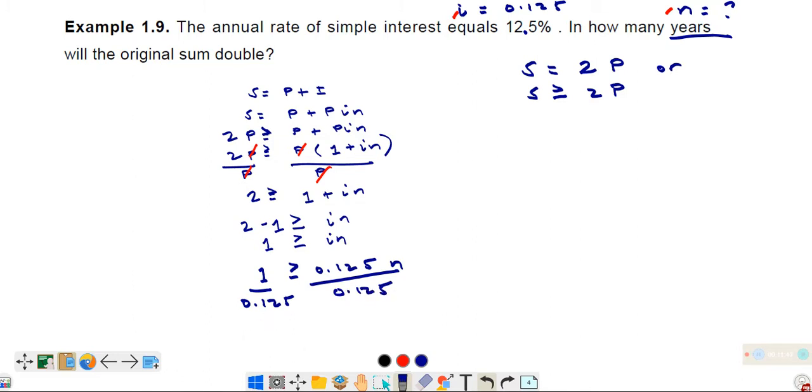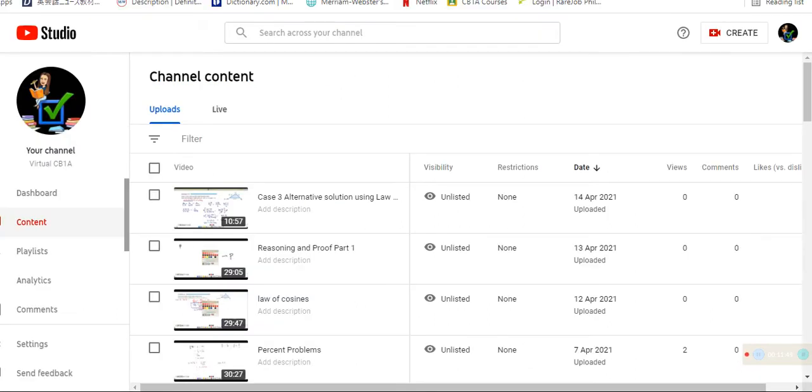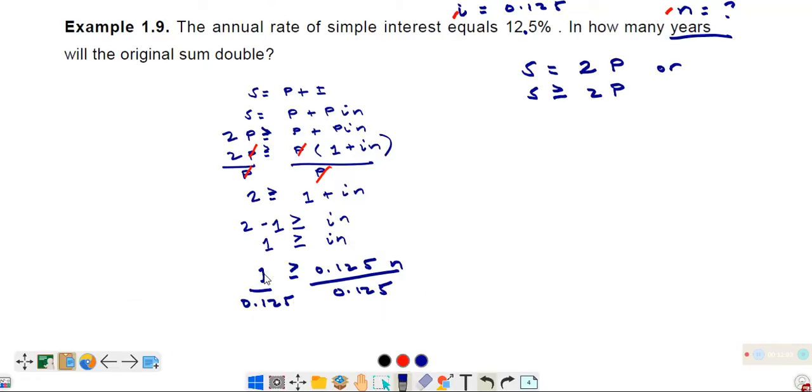Pag nakakuha kayo ng calculator, pero pag dinivide nyo si 1 by 0.125, you will end up with 8. 8 is greater than or equal to N. So, ibig sabihin, pag nag 8 years daw, dodoble na yung laman ng account mo from your principal. At pagka lumampas siya ng 8 years, syempre, mas malaki dun sa double nung principal mo.